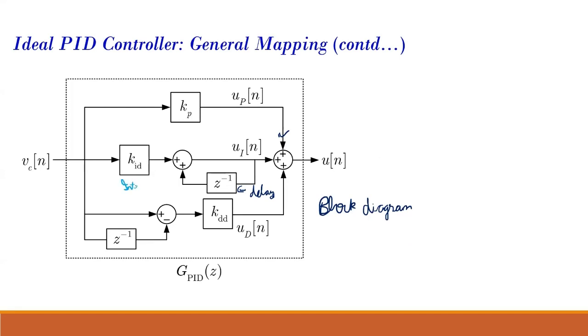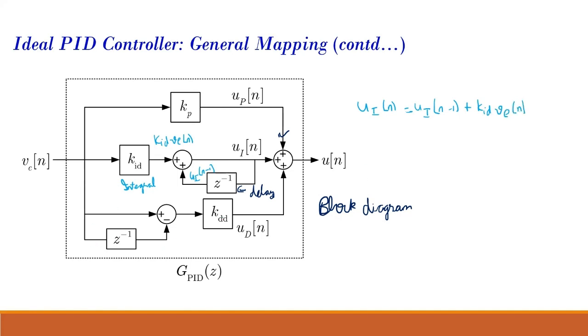This is Kid into V error of n, and this is UI of n, and it is delayed by a unit delay, and here is ui of n minus 1. So my ui of n is equal to ui of n minus 1 plus kid into v error of n.